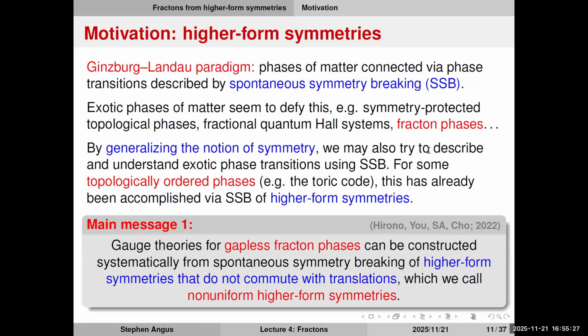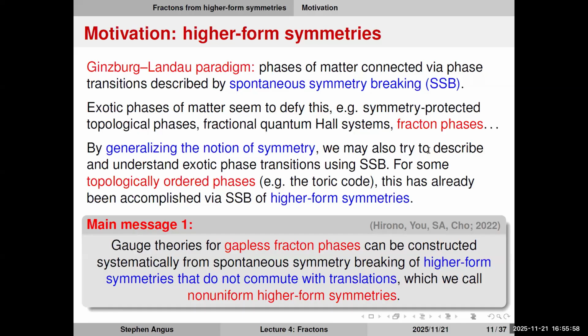But it turns out that by generalizing the notion of symmetry, as I talked about last time, we can also try to describe and understand exotic phase transitions and exotic phases of matter within the Ginzburg-Landau paradigm. And for some topologically ordered phases, this has already been accomplished via spontaneous symmetry breaking of higher form symmetries.